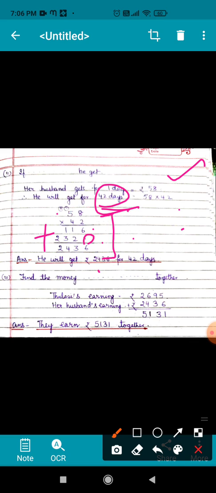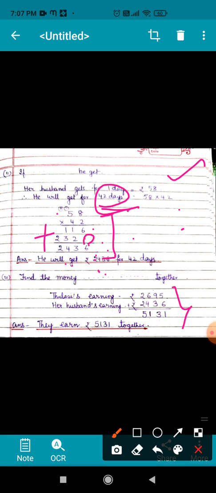Then we have added both products and finally we have got 2436 rupees. Means her husband's salary is 2436, and find the total amount.